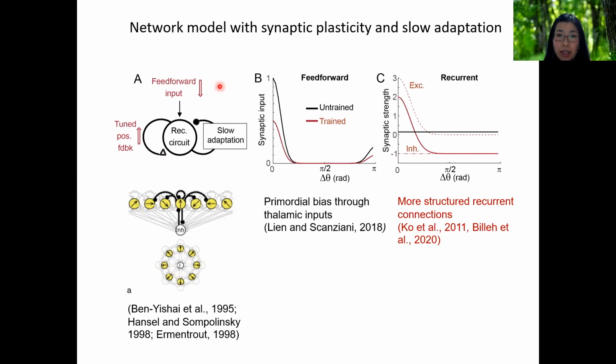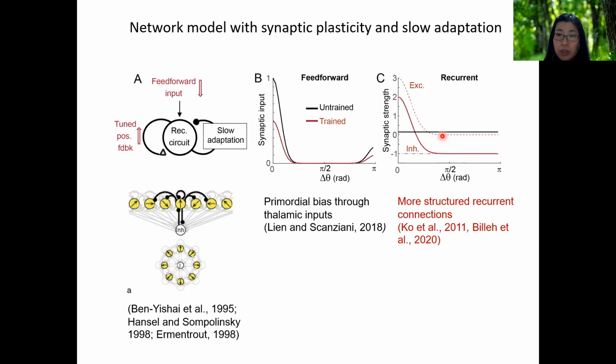Before the learning, the connectivity is shown in black in the feedforward and the recurrent connection. Before learning, we assume that the recurrent connection is uniform, and the feedforward input is structured. After the learning, the feedforward input decreases, reflecting this depression, while the recurrent connection becomes more structured with local excitation and global inhibition, which is similar to a Mexican hat type of connectivity.